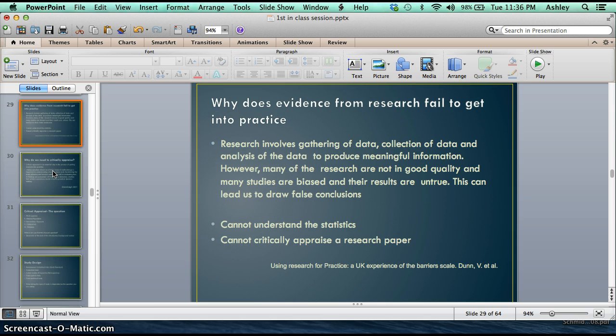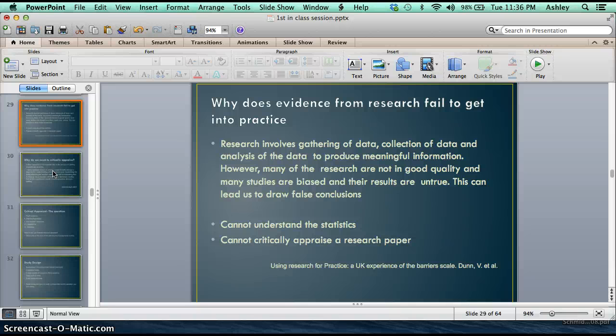So I guess we need to first of all question, why does evidence from research fail to get into practice? We should know these. We know that research is a lot of work. It's a lot of searching. It's a lot of gathering of data, collection, analyzing the data, trying to make sense of all the information that you've been provided.